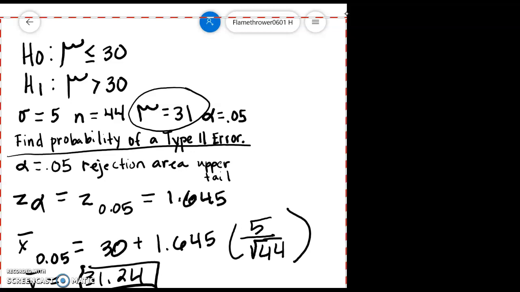And then we need to look on our normal table and see what the probability that z would be less than 0.32. So if you look that up on your standard normal table, you would actually get 0.6255.